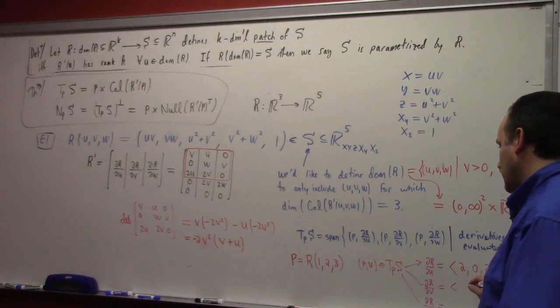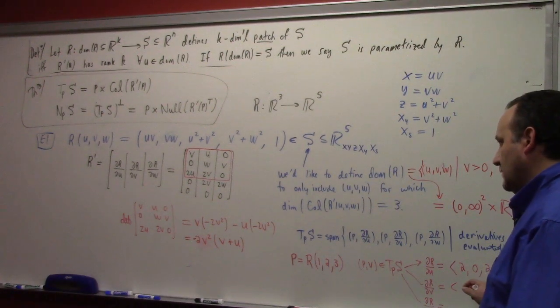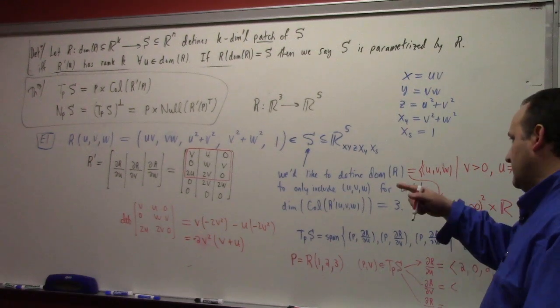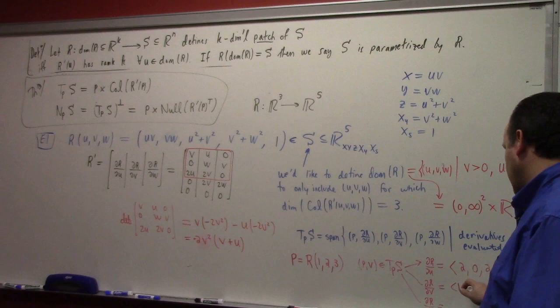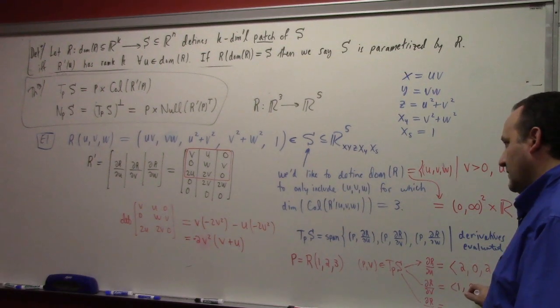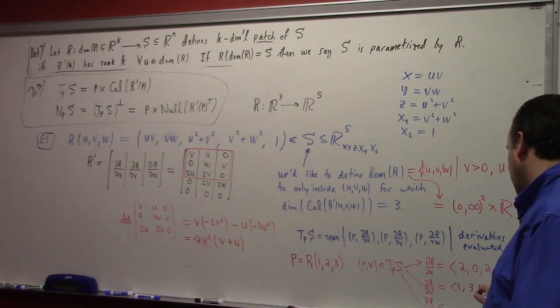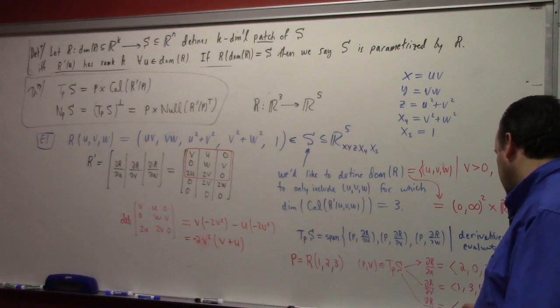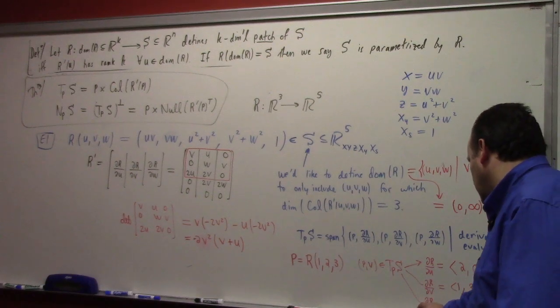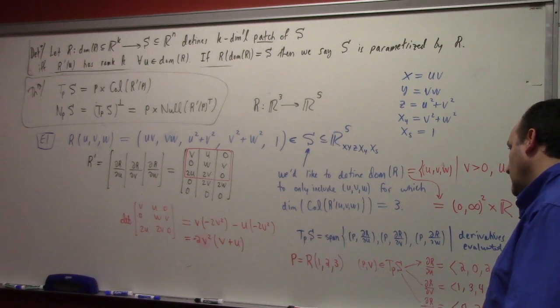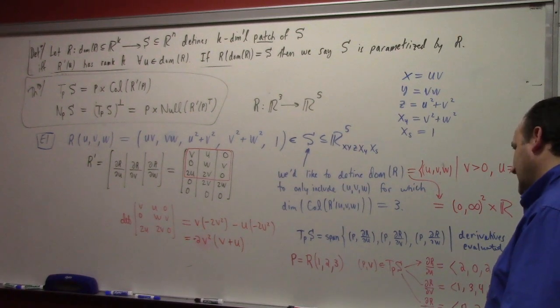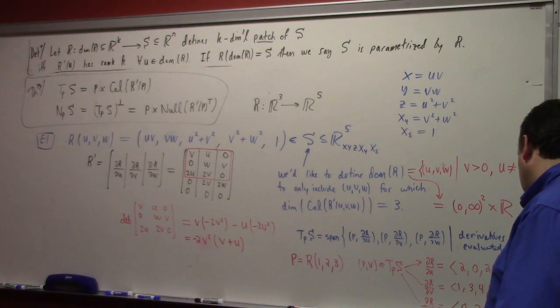Partial r, partial v. Plugging in 1, 2, 3 into that, I get 1, 3, 2 times 2, 4, 4, 0, and my w, I get myself a 0, a 2, a 0, a 6, a 0.